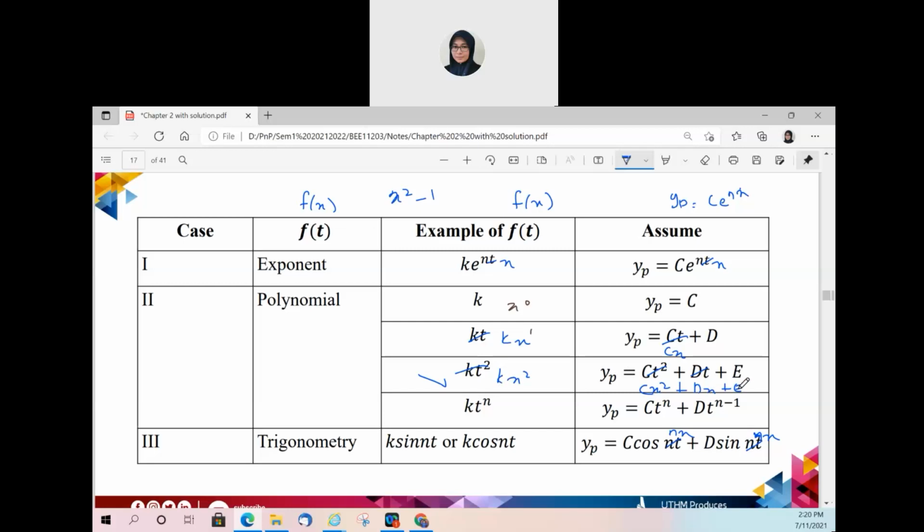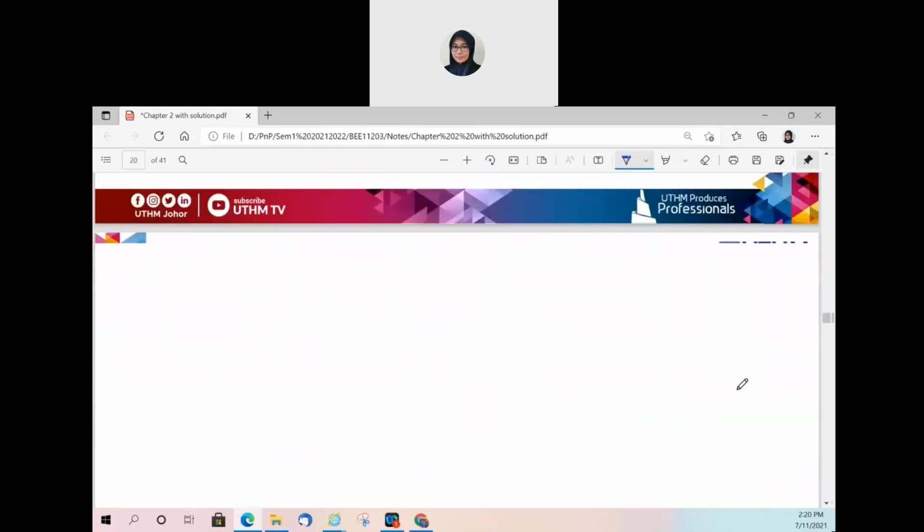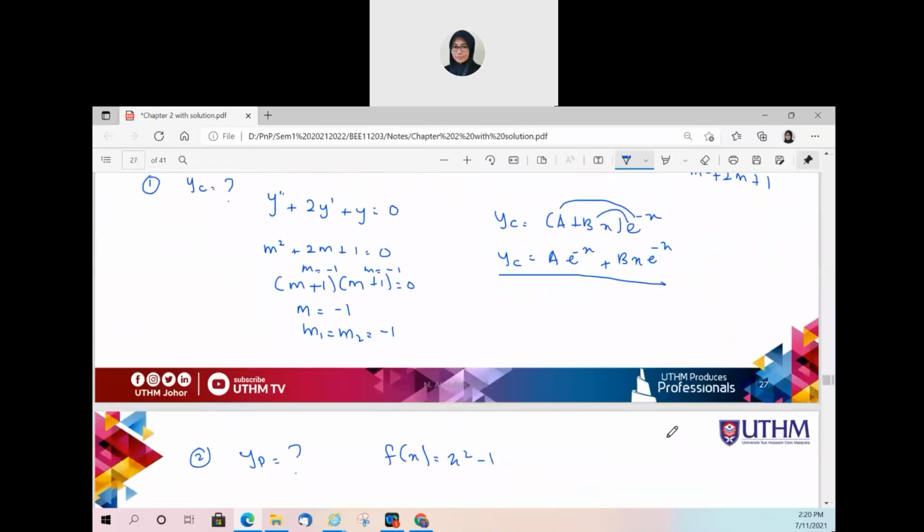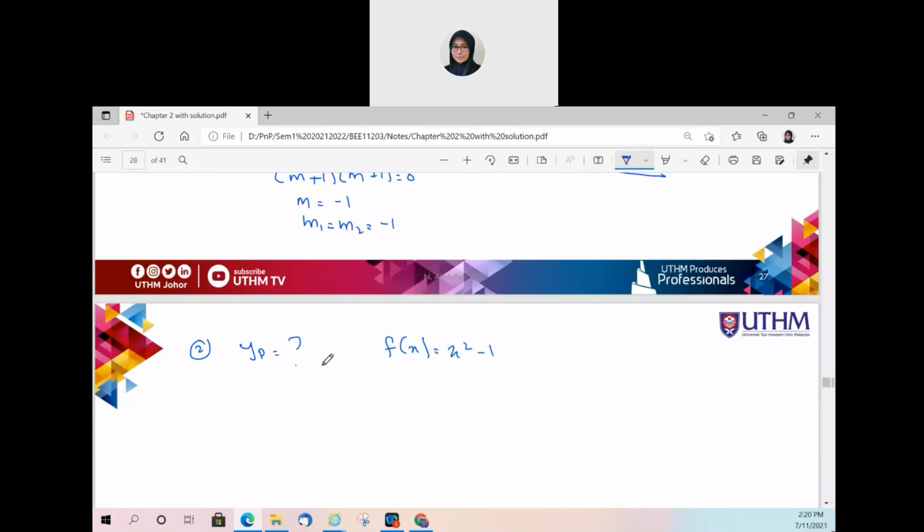Okay, faham? Faham. Okay, then your yp will be equals to cx square plus dx plus e.